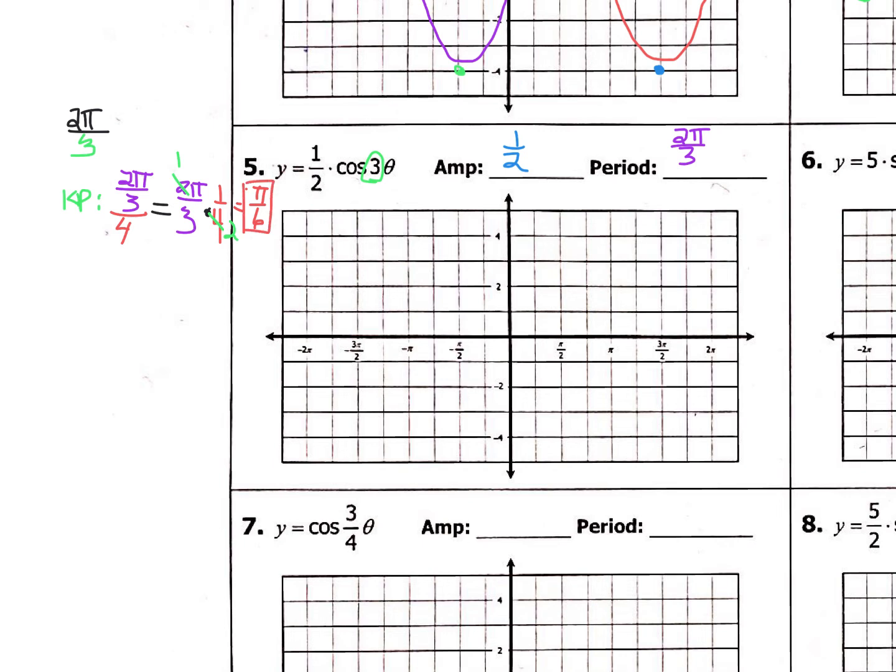So we're always going to start with 0. So that's our first key point. Then I'm going to add pi over 6. That's going to equal pi over 6. Going to add another pi over 6, and that's going to equal 2 pi over 6.